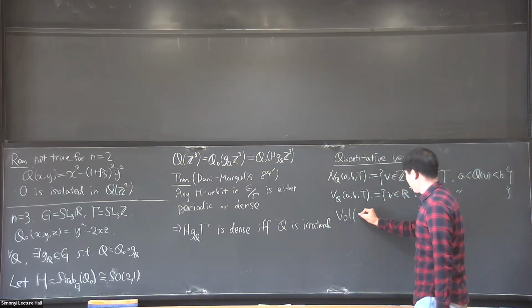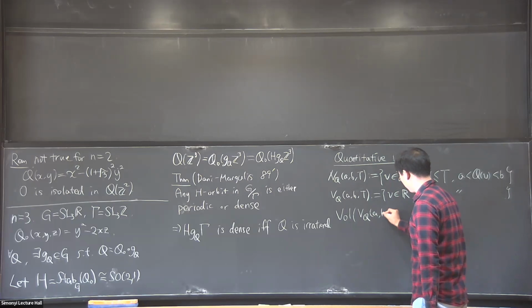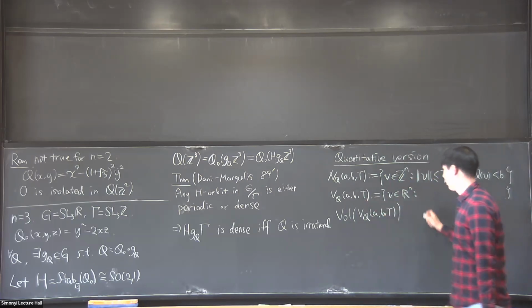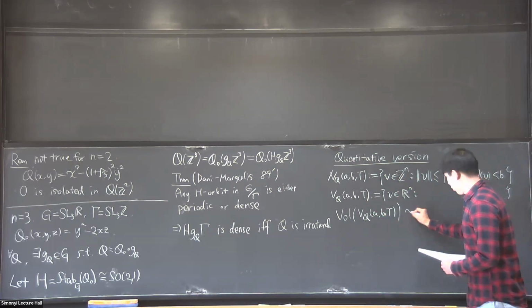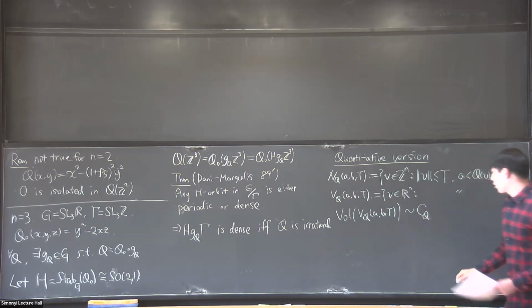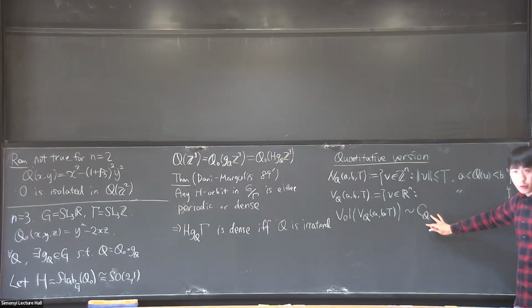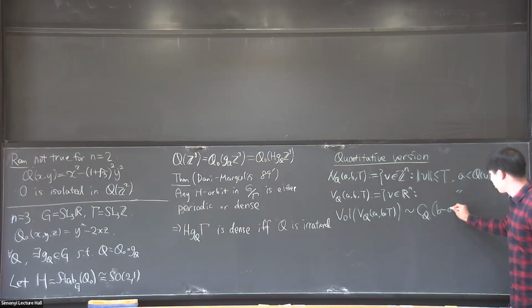It's not very hard to compute the volume of this region. It's actually some constant only depending on the quadratic form Q, times the length of the interval, times T to the n-2.